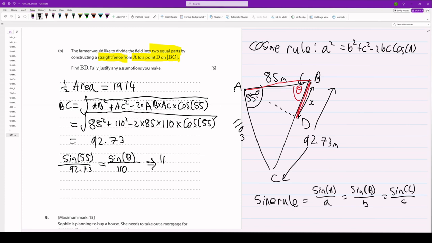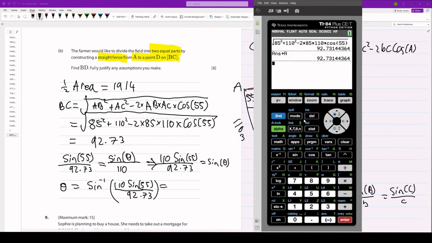That therefore is the same as 110 sine 55 divided by 92.73 equals sine theta. So theta is equal to inverse sine of 110 sine 55 divided by 92.73.